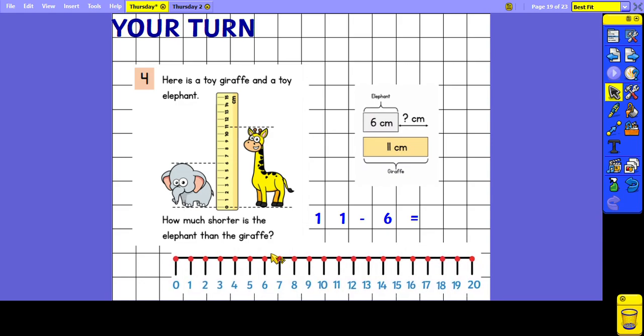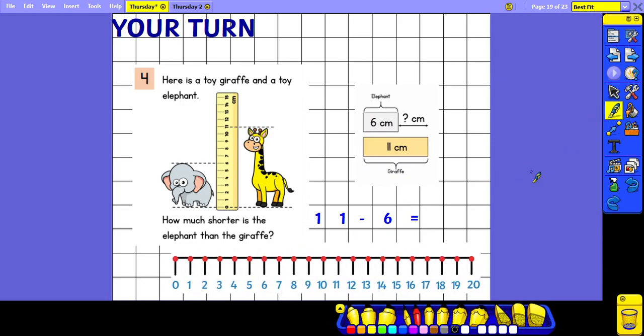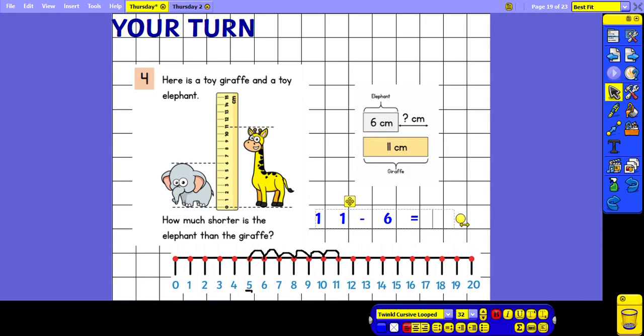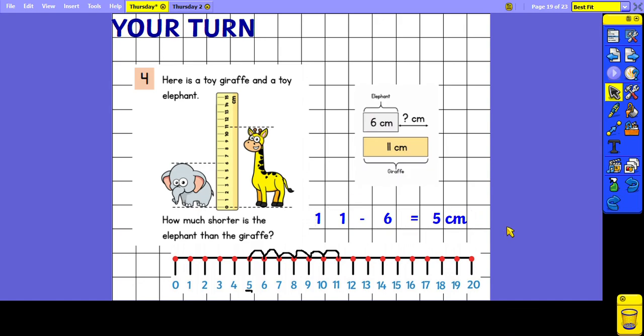So again on the number line, we're going to start on 11 this time and jump back 6 places. 1, 2, 3, 4, 5, 6. And I have landed on 5. So to answer the question, the elephant is 5 centimetres shorter than the giraffe.